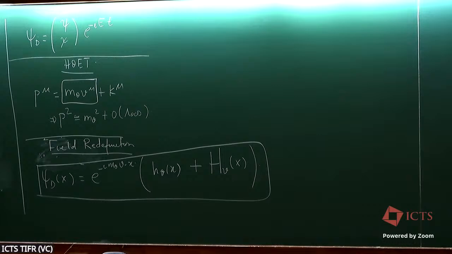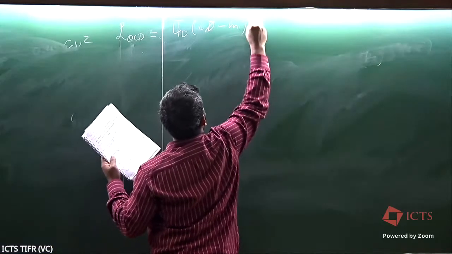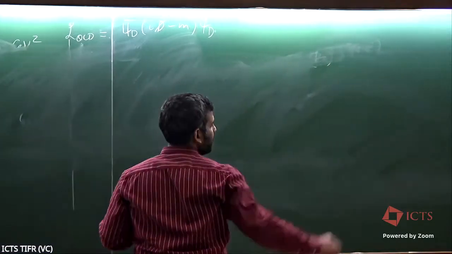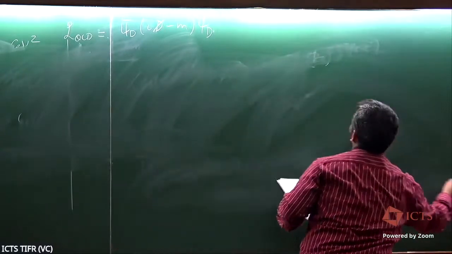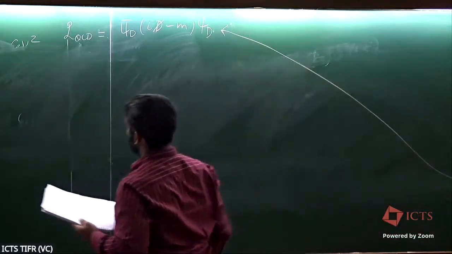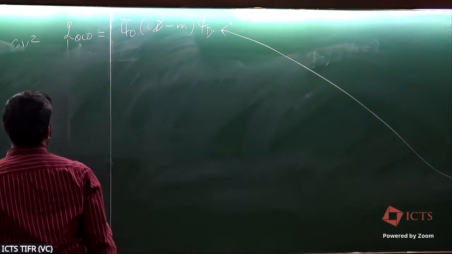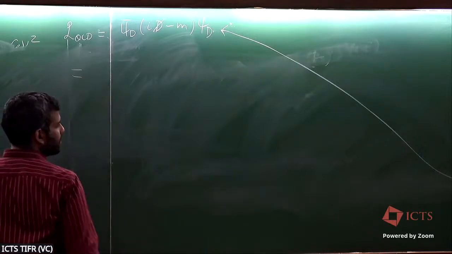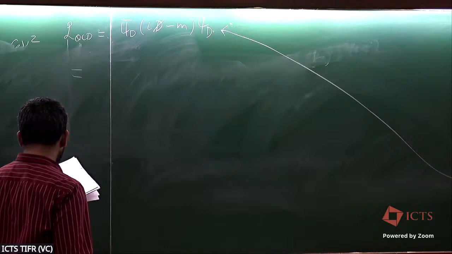Just give me a minute. So you use that here. And let's break up. I'll just write the direct result instead of showing things. I think you can do it.